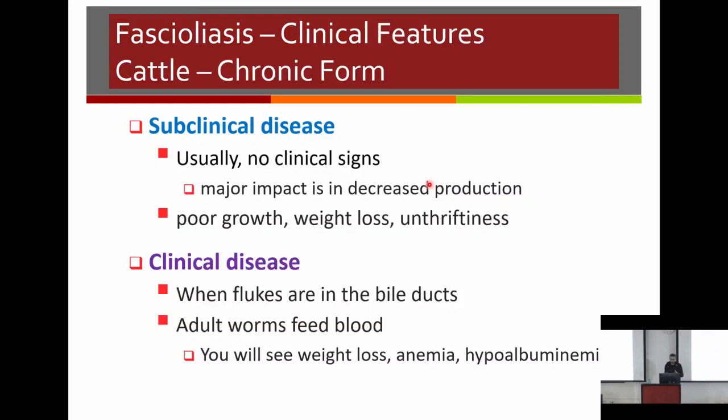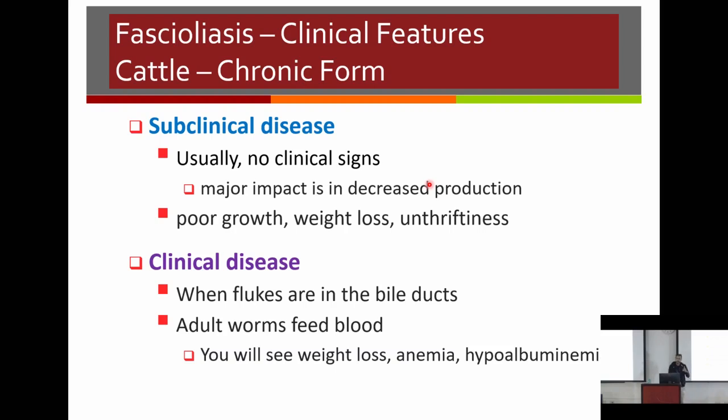In the chronic form, there are two types: either subclinical disease, where normally you will not see any prominent clinical signs, but there will be production losses, poor growth, and weight loss.